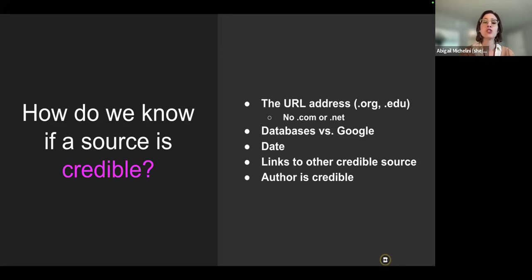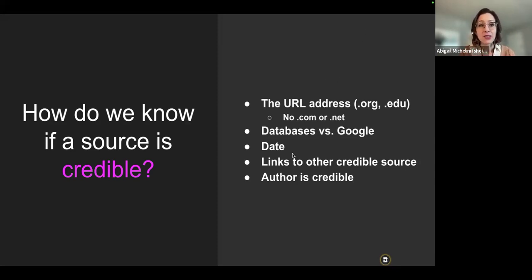In the library databases, you will notice that something like JSTOR has a .com in the initial web address. That's because they are selling a subscription to our library for those articles, okay? So it's a little bit tricky there, but across the web, if you're just Googling things or you're using Gemini or something or ChatGPT, and they're directing you to a .com site, it's not the best, okay?